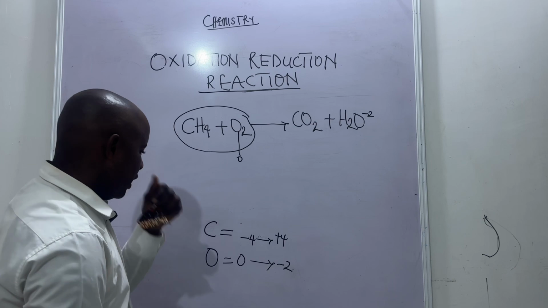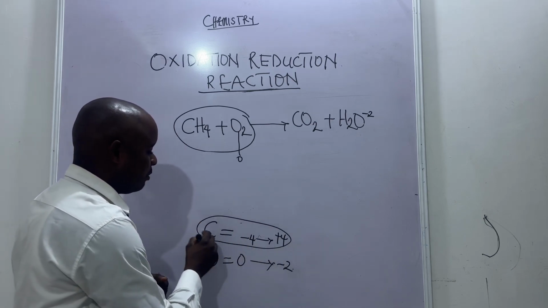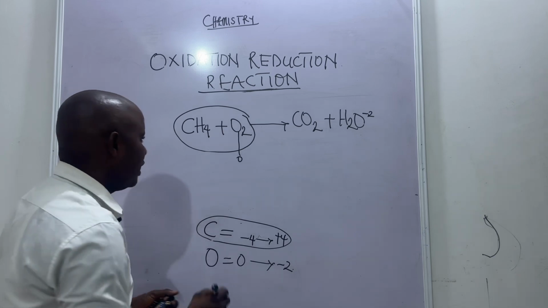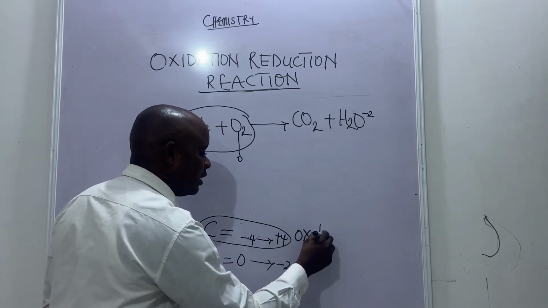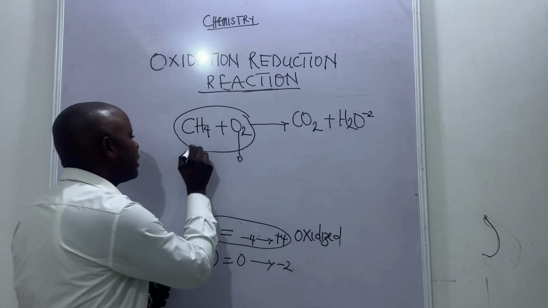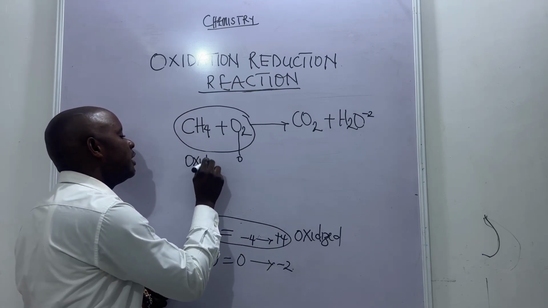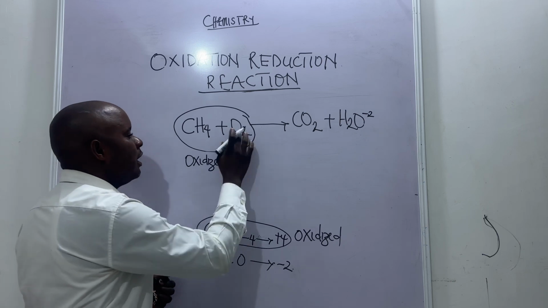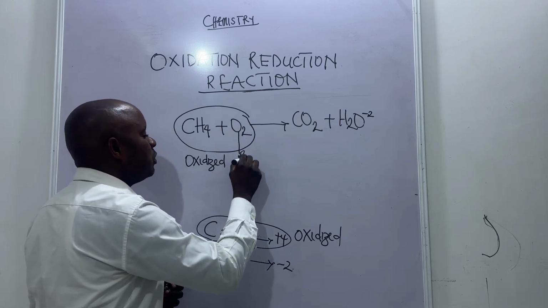By so doing, we say that if the oxidation state of a participating chemical element increases, it is known as oxidized. It has been oxidized. We said this methane gas here has been oxidized, while this has been reduced from 0 to -2.